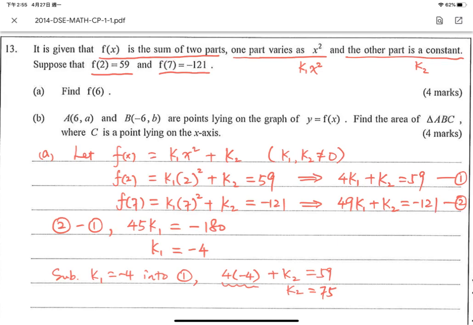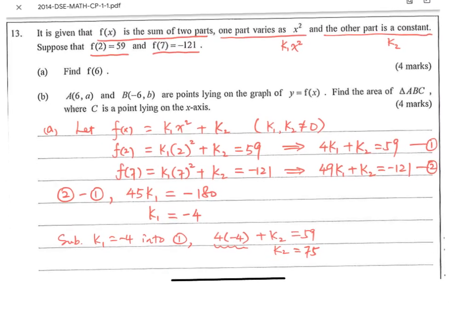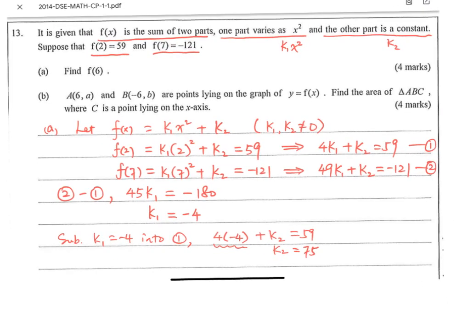So therefore we have f(x) equal to k1 is negative 4x squared plus k2 is 75. So we are going to find out f(6). Therefore when x equal to 6, negative 4 times 6 squared plus 75. 6 squared is 36 times negative 4.